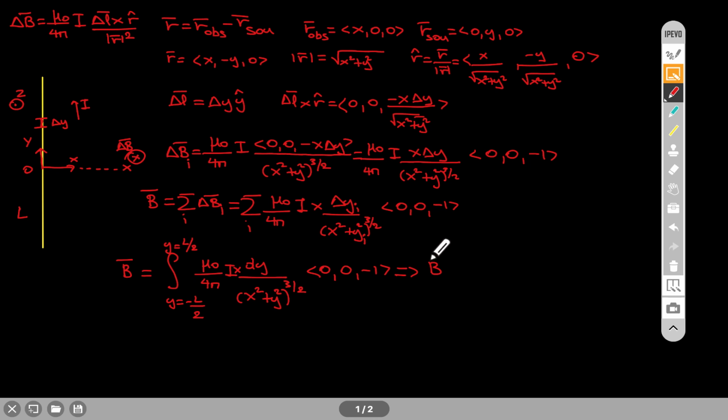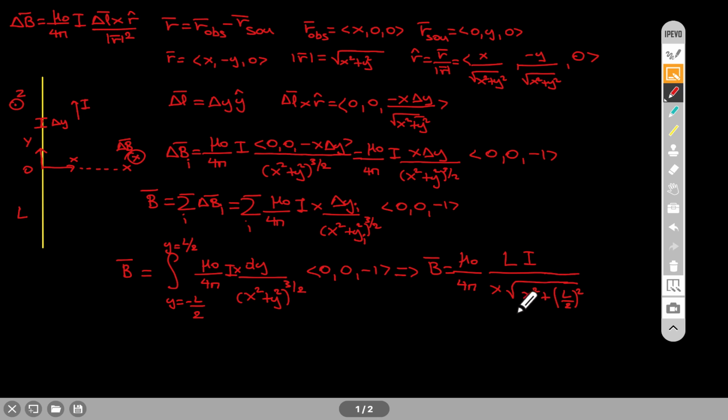At the end of the day, the magnetic field from the entire length of the wire, you got the constant, the length of the wire times the conventional current divided by x times the square root of x squared plus L over 2, and this is also squared.